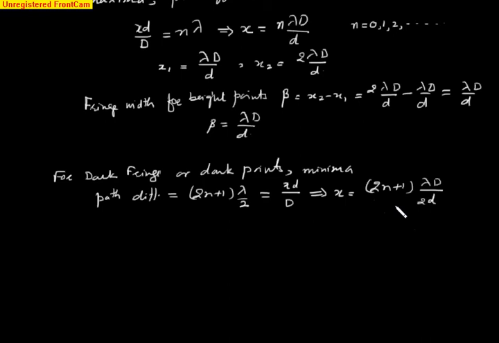So for the first minima, x1 will be equal to 3 by 2 lambda D over small d, because here we have n equal to 1. And for the second minima, x2, we put n equal to 2 and have 5 by 2 lambda D over small d.